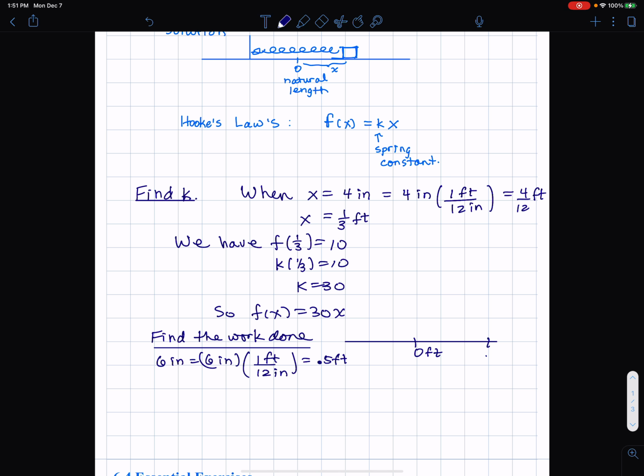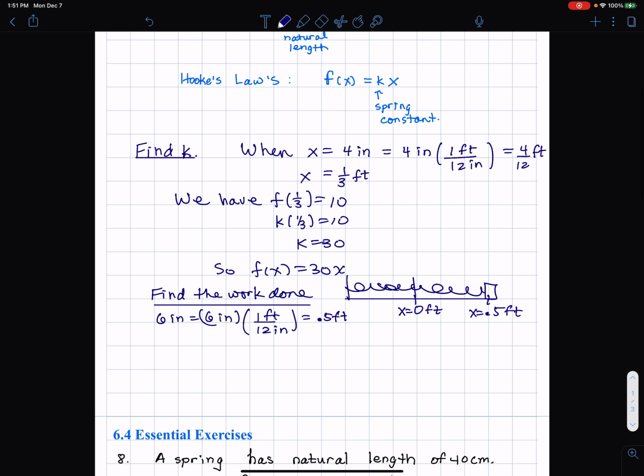So I'm going to stretch this from its rest. It's attached to the wall somewhere over here, and there's a resting position, so it would sit there and not move if it's at 0 feet. That's the rest. I'm going to write x equals 0. It's not the distance from the wall where the thing is attached.